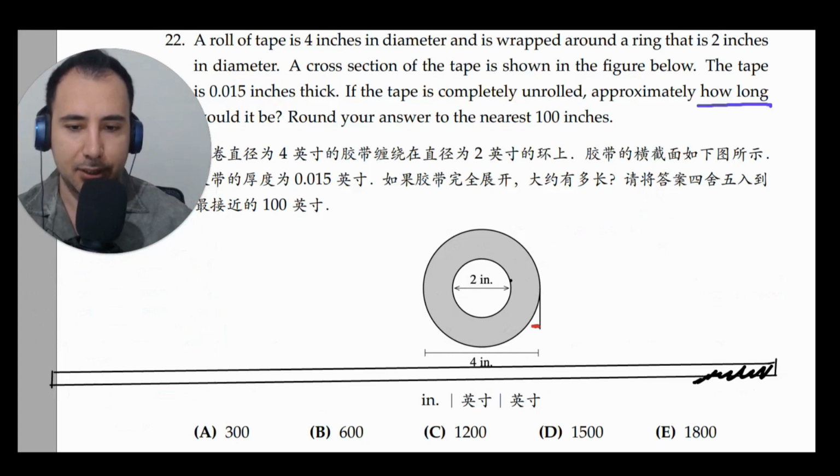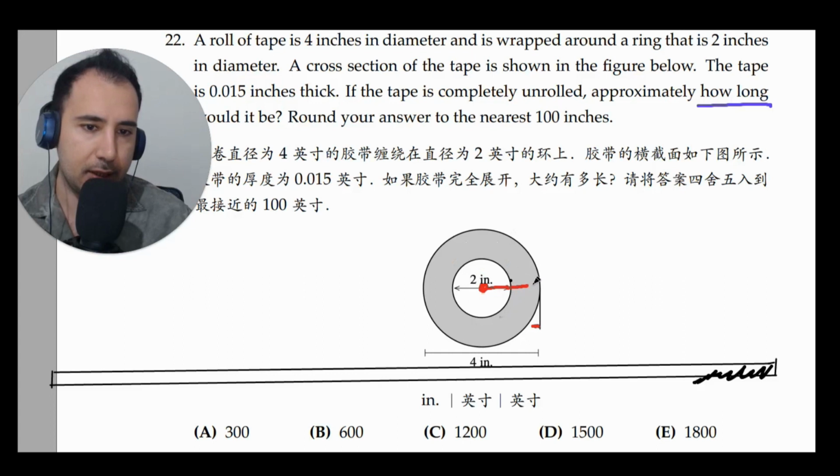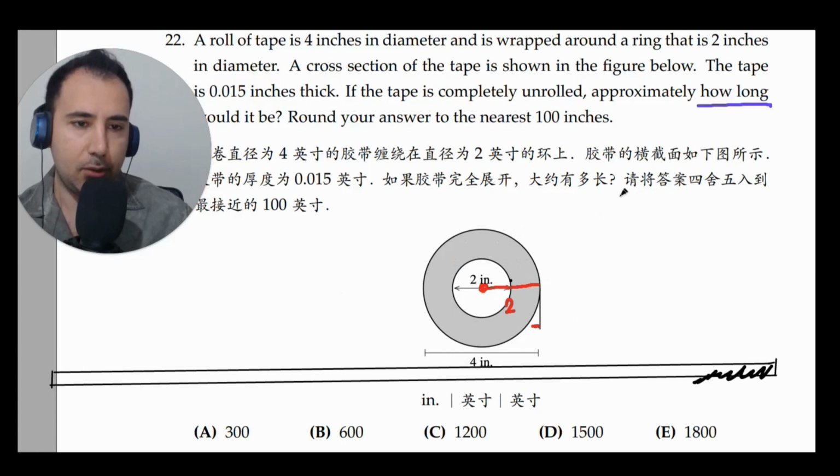So let's first go and find this. What is the area of this shape, the bagel shape? From here this is 1 inch. From here to here is actually 2 inches. So the area of the big circle will be pi times 2 squared.